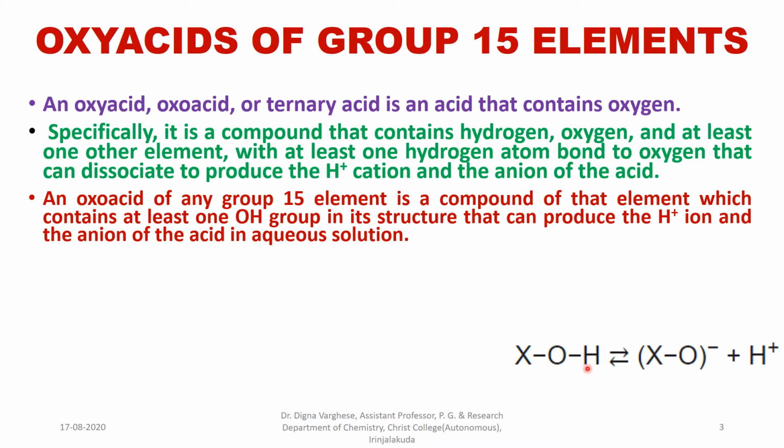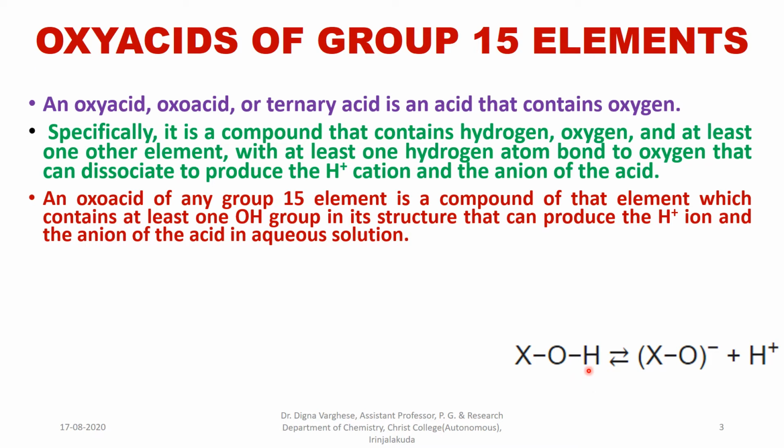Any oxoacid, whether of a group 15 element or other group members, should contain at least one hydrogen atom that is bonded to an oxygen atom. Any oxoacid in general contains oxygen, hydrogen and at least one other element.